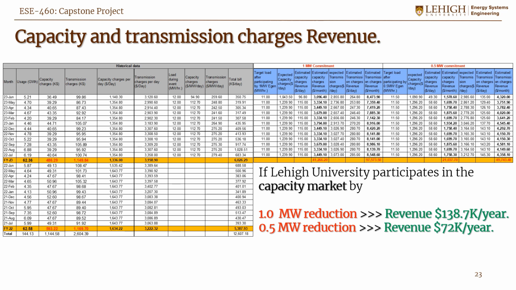And also, if peak demand is reduced by more than 0.5 megawatt, for example 1 megawatt, it could achieve a larger reduction in the capacity charges, by $138,000 per year.